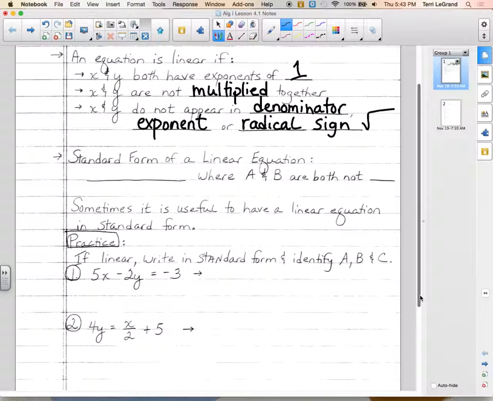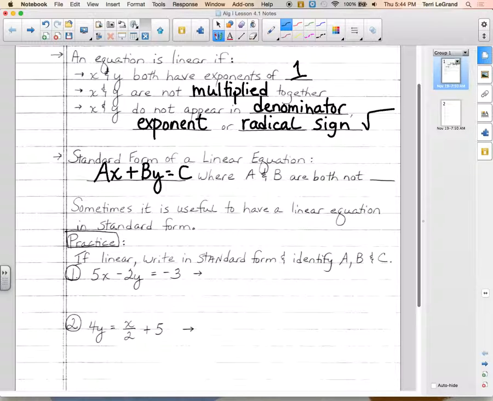The other thing that we do with linear equations, there's different forms we can write it in. In this lesson, we're going to talk about standard form of a linear equation. So standard form, algebraically, looks like this. Capital A, little x, plus capital B, little y, equals capital C. So ax, x is being multiplied by a constant, plus by, y is being multiplied by a constant, equals c, c is a constant.